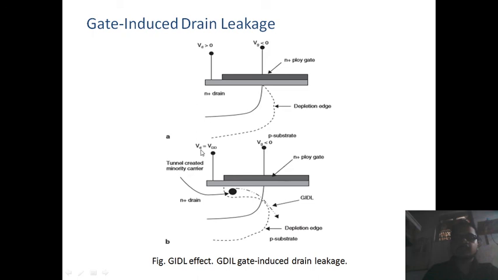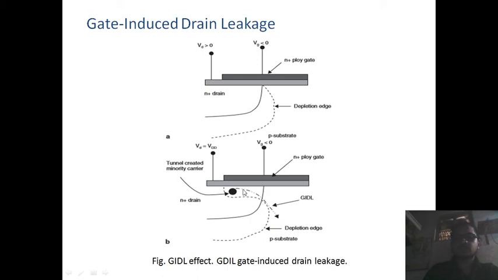When the drain voltage increases, the depletion width decreases. Due to this decrease in depletion width, the electrons jump from the diffusion region to the substrate.